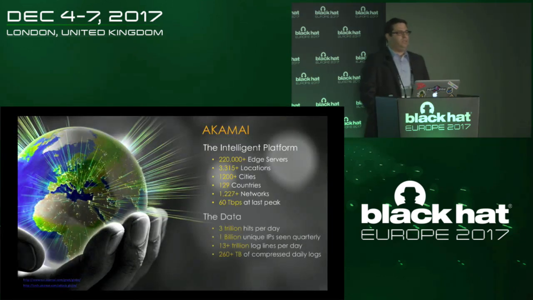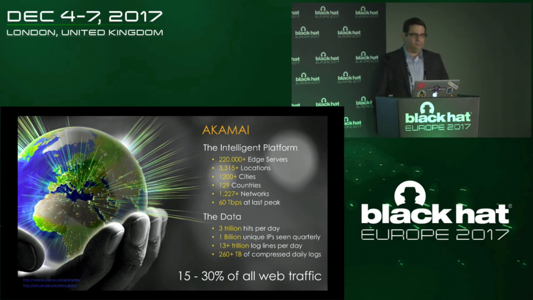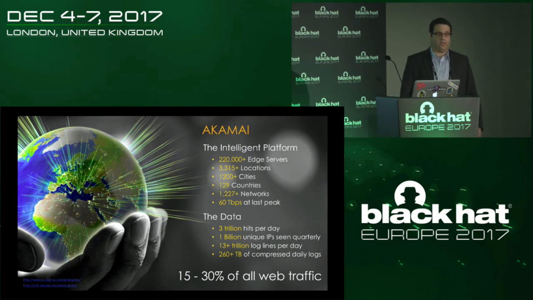The data was grouped from Akamai's intelligent platform. For those of you who do not know, Akamai is a leading CDN. And we have a very widely deployed network, 220,000 edge servers, which are deployed worldwide in 129 countries.